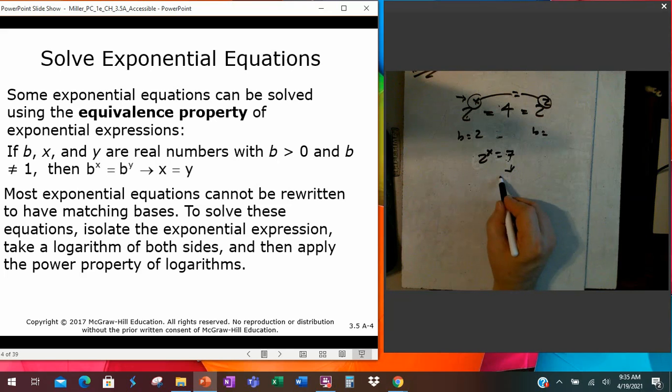I want to represent 7 as a power of 2. What is it? It is the log base 2 of 7. And now we've basically got this: this must be equal to that.